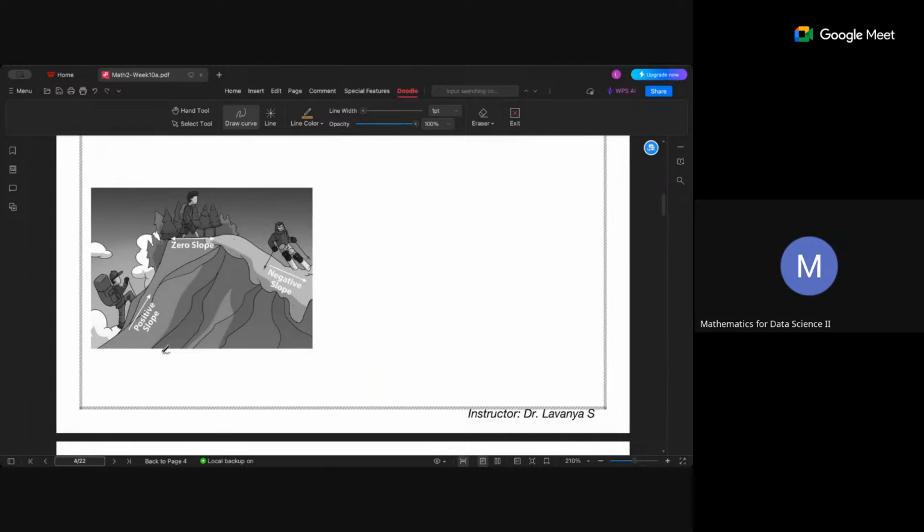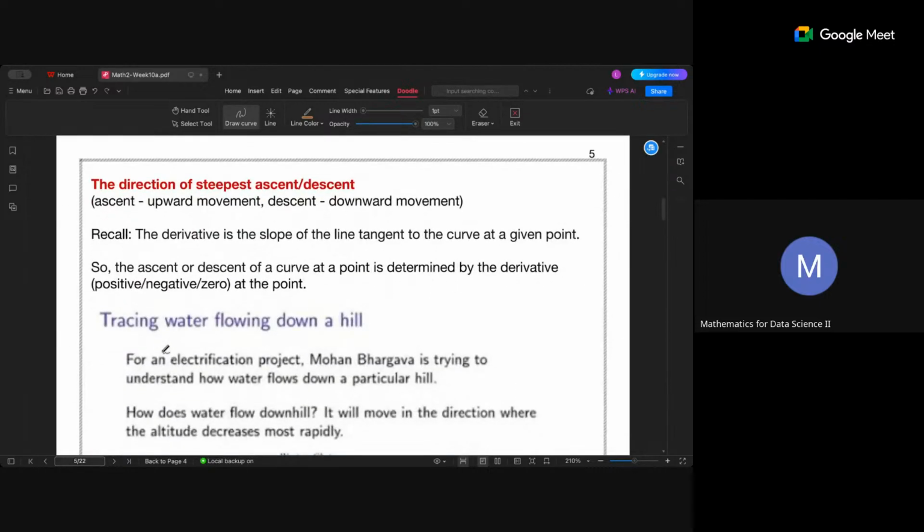Now let us see how we are going to see the same concept in multivariable functions. The topic is the direction of steepest ascent and descent. First of all, what is ascent and descent? Ascent is nothing but upward movement and descent is nothing but downward movement. What is derivative in terms of slope? Derivative is the slope of the line tangent to the curve at a given point.